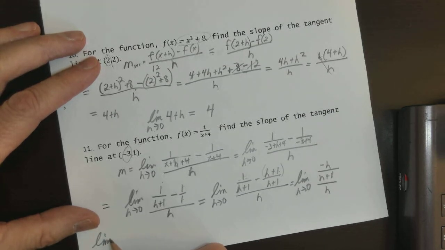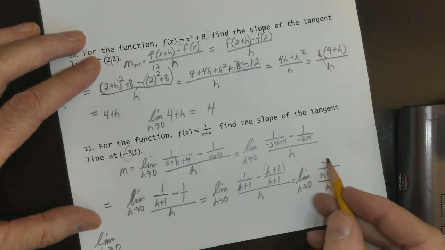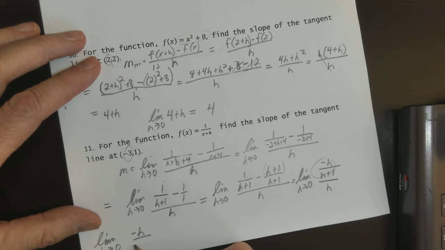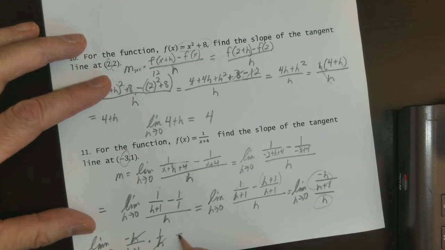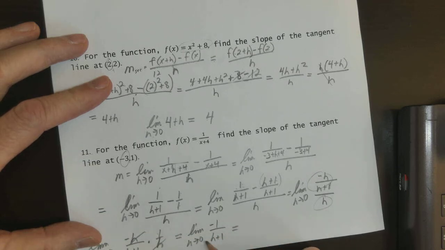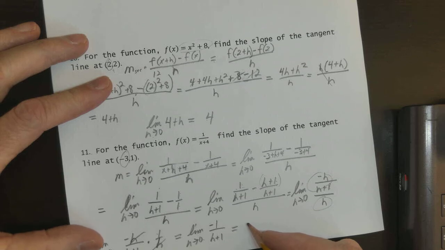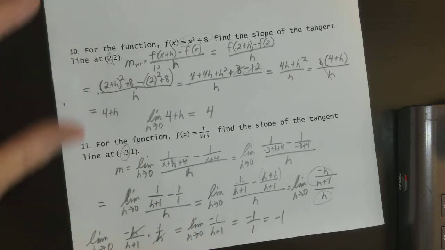Let's take this, negative h over h plus 1, and multiply it by 1 over h, instead of dividing by h, and cancel that. We got the limit as h approaches 0 of negative 1 over h plus 1. H is 0. Time for direct substitution. That's negative 1 over 1, which is negative 1. That's the slope of the tangent line at negative 3, 1 for this function.